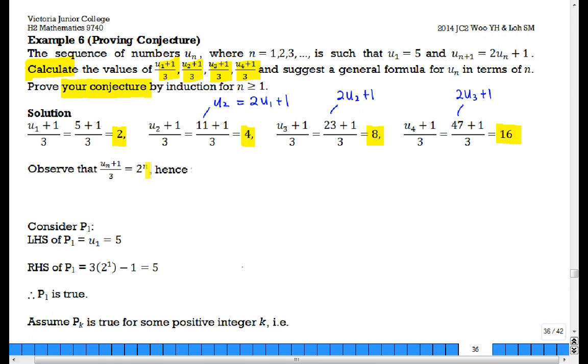Let's check whether this guess is correct. This is the most important thing. Let's check. I sub n equals to 1, I get U1 plus 1 over 3 equals to 2 to the power 1. Correct. This is verified. Correct? Yes? Sub n equals to 2, U2 plus 1 over 3 is 2 to the power of 2. So 4. Correct. Can?